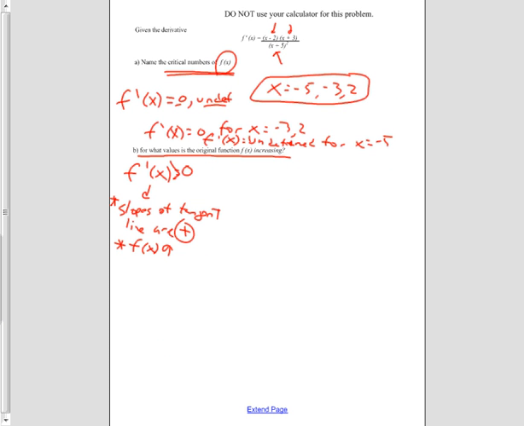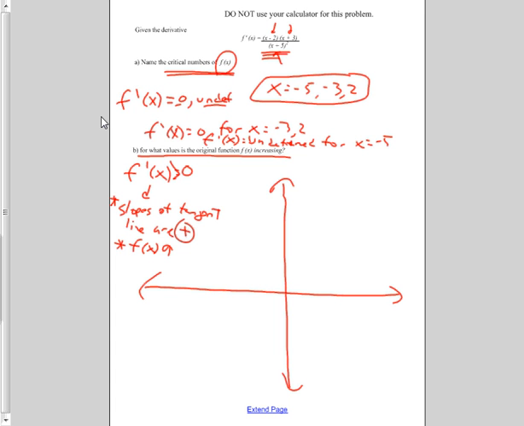And to do that, we know that we're going to have a vertical asymptote at x equals negative 5. So let's draw that in. For f prime of x, the top leading term is going to be x squared.